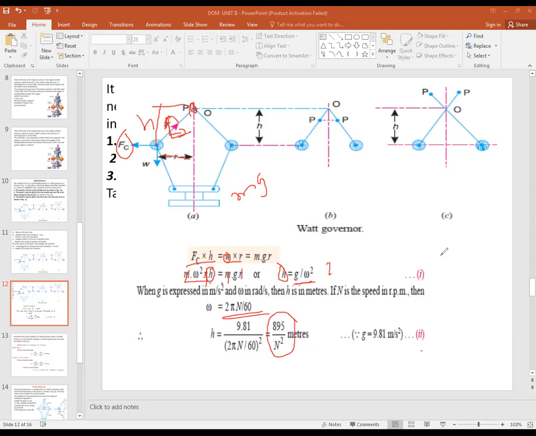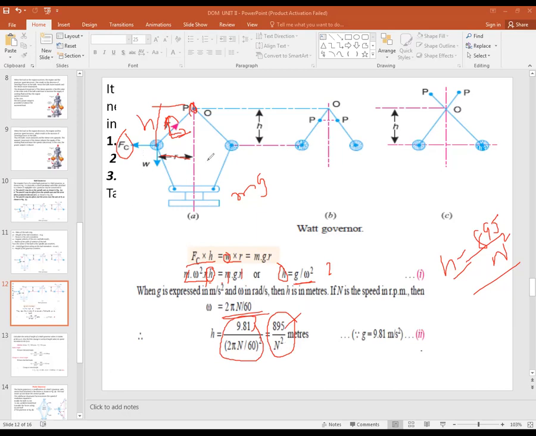So the formula is h equals 895 by N square. After solving, we have the final formula, 895 by N square. Very simple here.